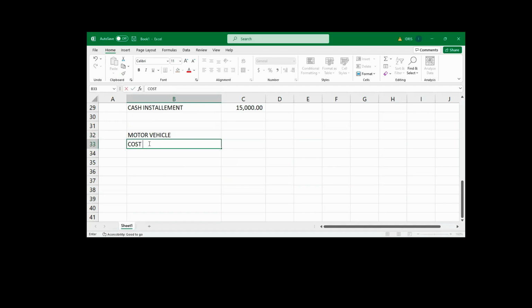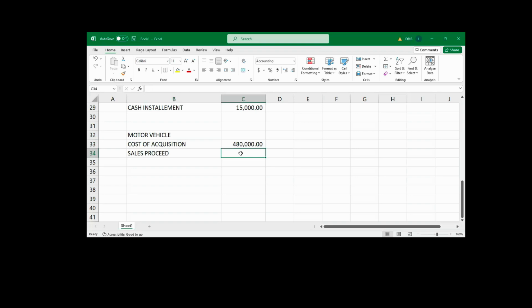The cost of acquisition of that motor vehicle is $480,000. Sales proceeds, when you now sell the motor vehicle, is $320,000.